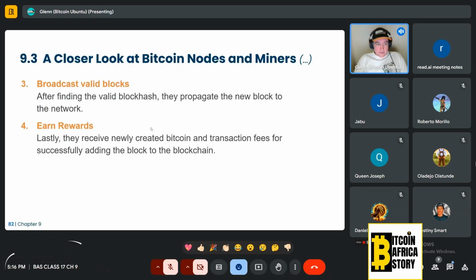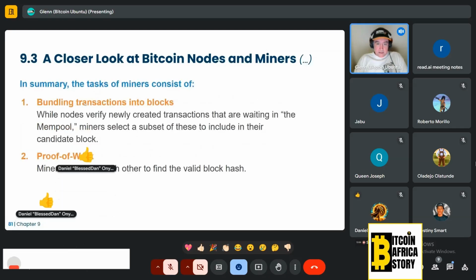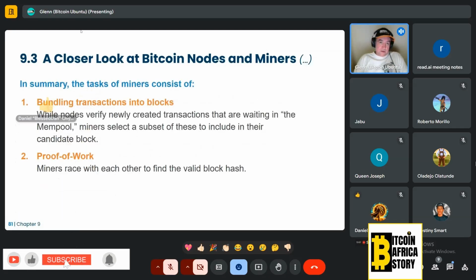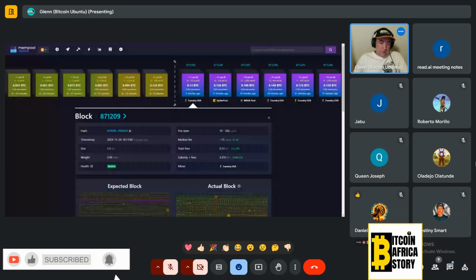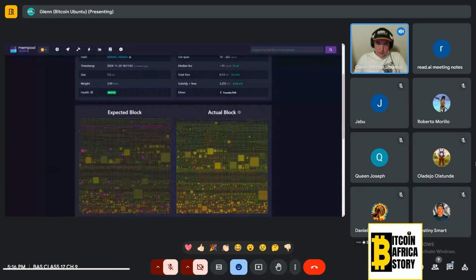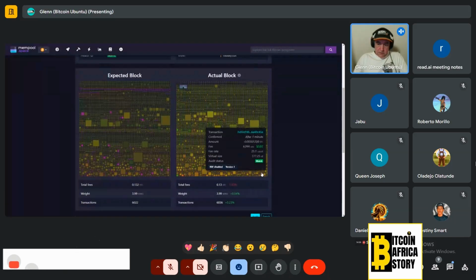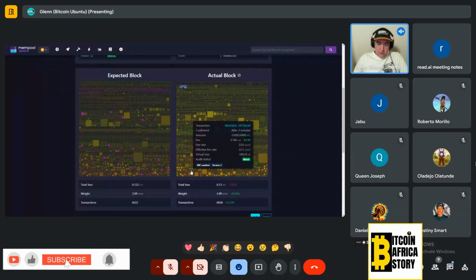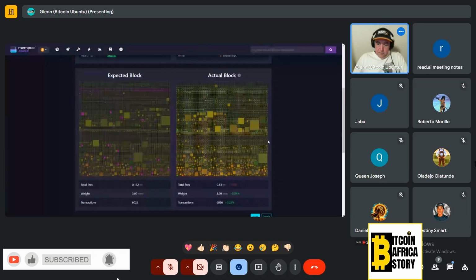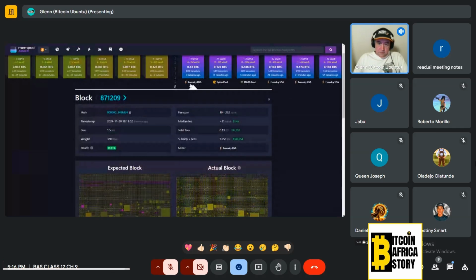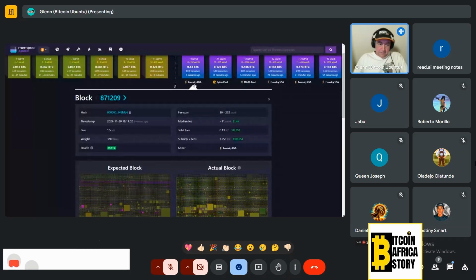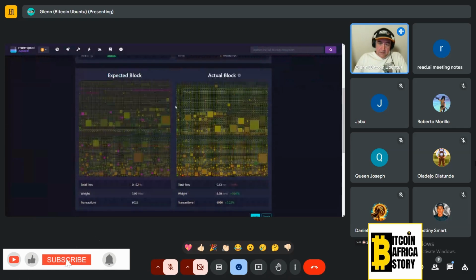Okay, so let's see what else we can see that they were talking about here. So, bundling transactions into blocks. Here we can see in this block the actual block, all of these transactions that were bundled into the block. The miner in this instance was Foundry USA. They found the valid block hash.